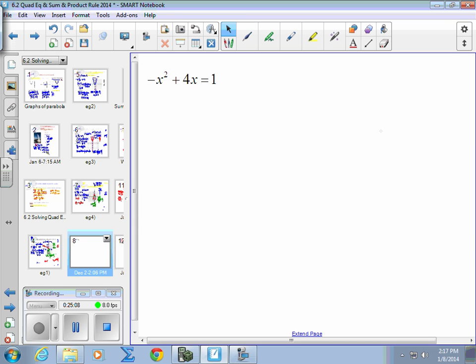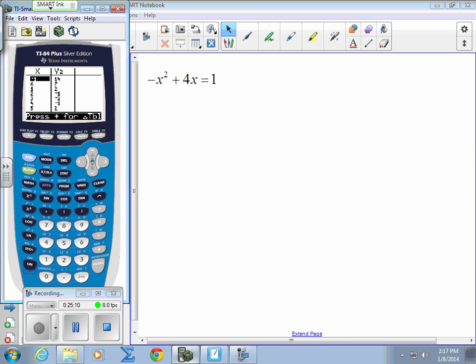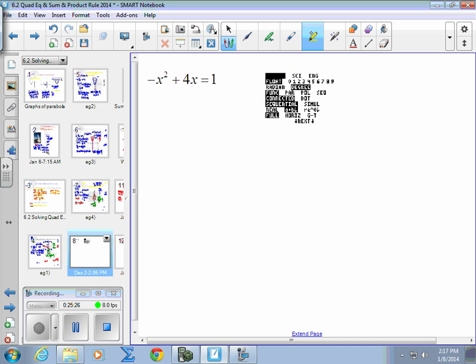So on your calculator, the first thing I'm going to do is go to mode and make sure that everybody is on a plus bi. So make sure your calculator is on a plus bi.